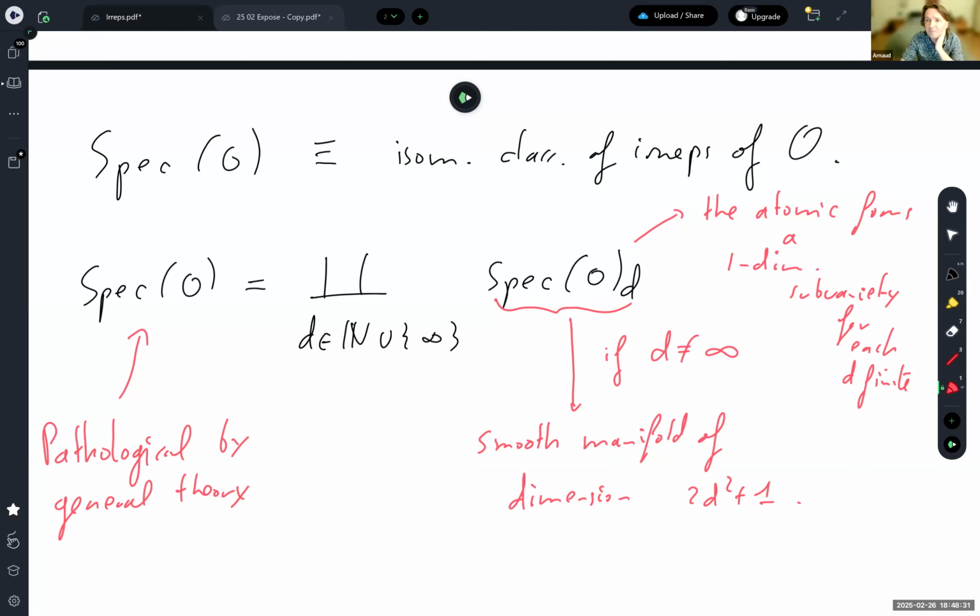Because you were using this embedding of your group. Is it all about properties of this group, or what part of this depends on this embedding into the fraction category of trees?